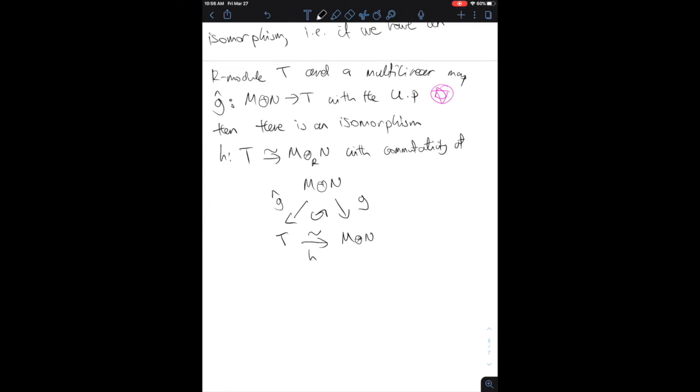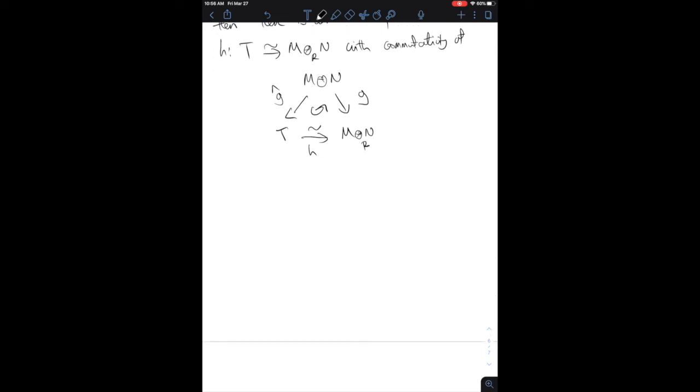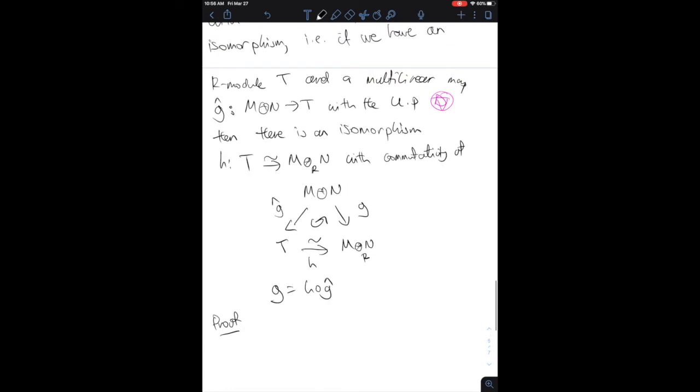So here G is the natural morphism we defined from the previous proposition from the direct sum to the tensor product. Okay, let's prove it. So commutativity is the same as saying that G is H composed with G hat.